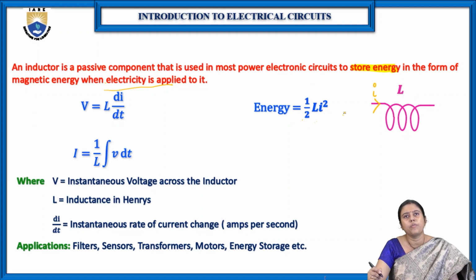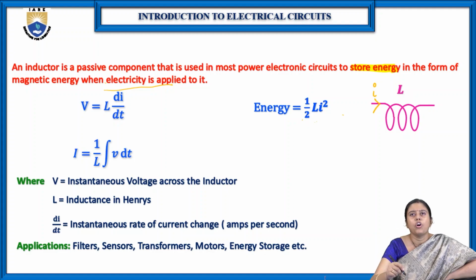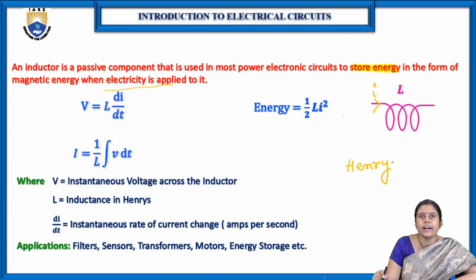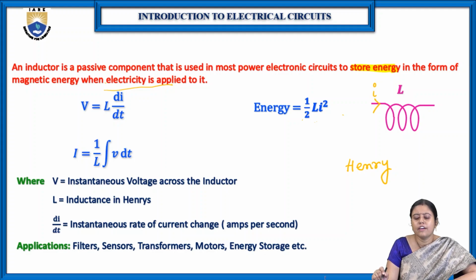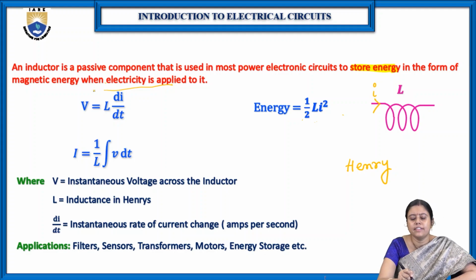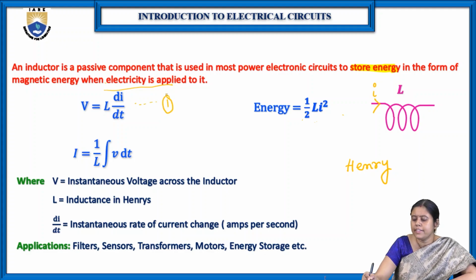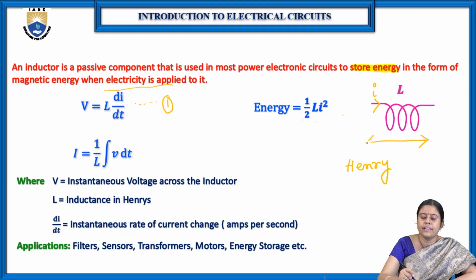So what is the equation of the inductor? What is the unit of inductor? The unit of inductor is Henry. And what is the voltage? The voltage across the inductor is equal to L di by dt.